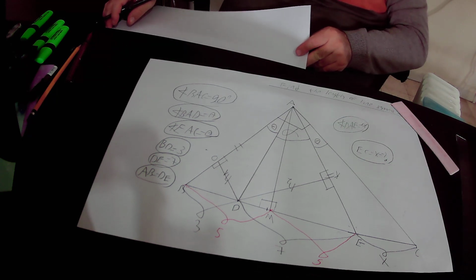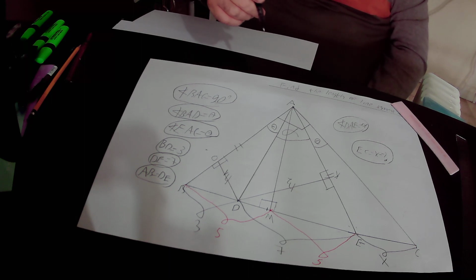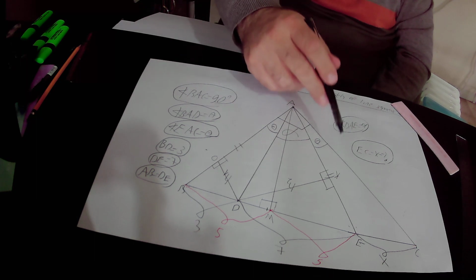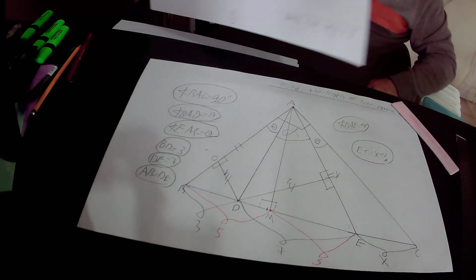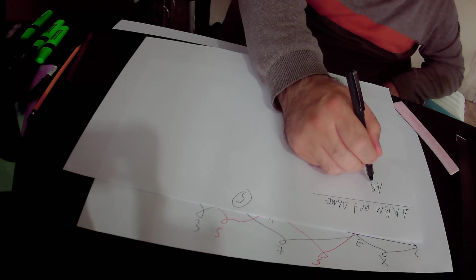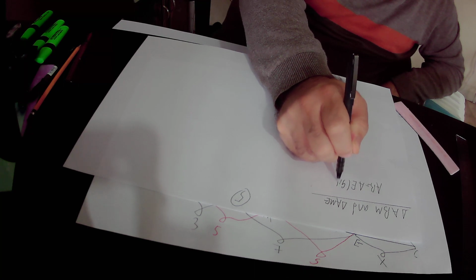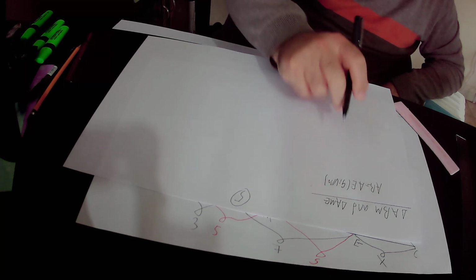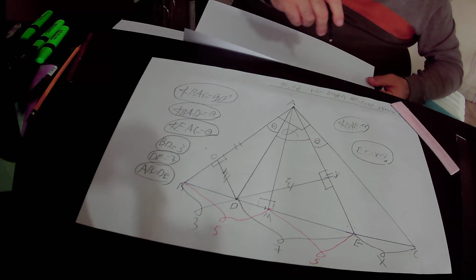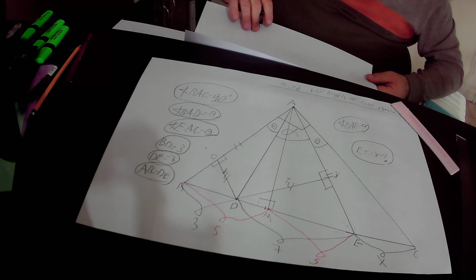So why can those two triangles coincide? First of all, we know that AB equals AE. It is given in the question that AB is equal to AE. We just found out that BM is equal to ME is equal to 5 units.